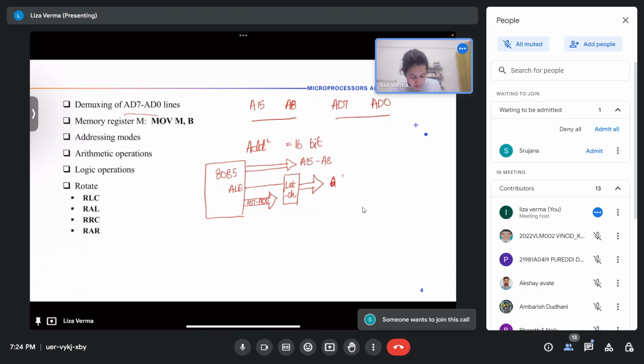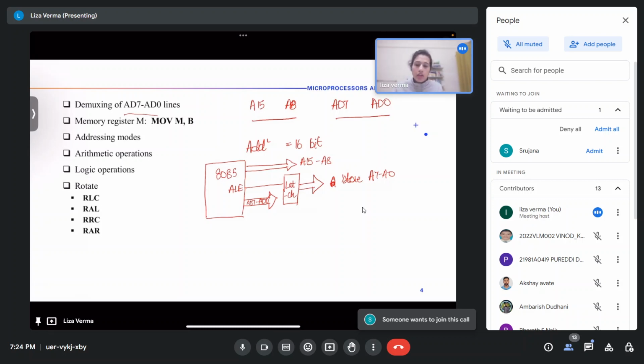It will store A7 to A0. Okay, so first of all, 8085 will load the address to all the address lines.